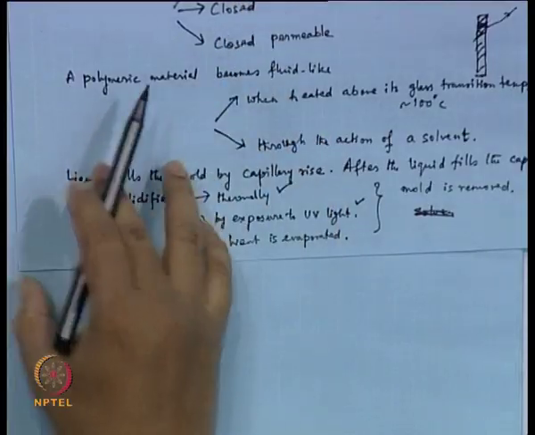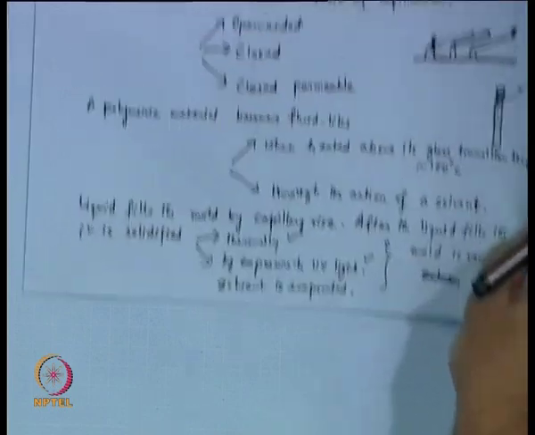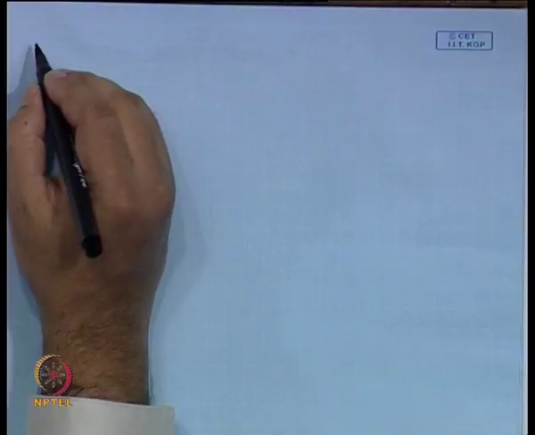Now, let us talk about open-ended capillary, because I will be focusing on capillary action in today's class. We talked about three methods: open-ended, closed and closed permeable. Let us see how it would appear if we focus on the open-ended capillary.